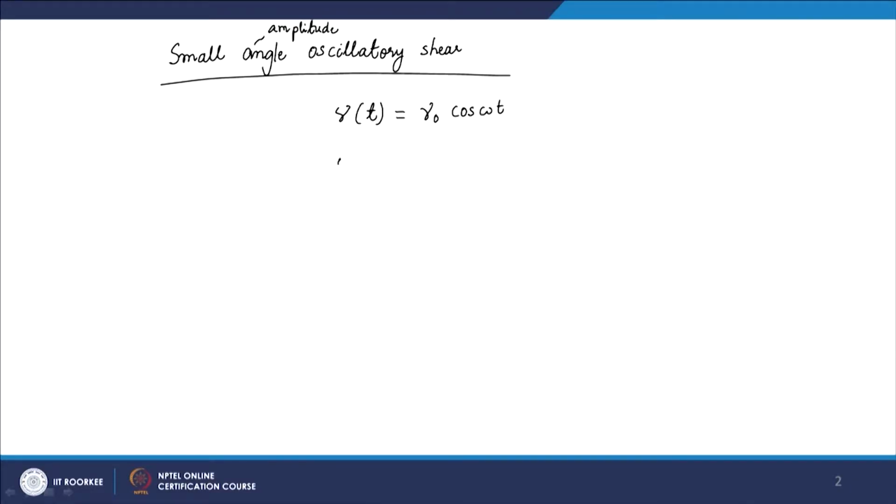Then in that case the gamma dot will be minus gamma naught omega sin omega t, and both of them are out of phase by 90 degrees. So, therefore, we can look at both the change with gamma and gamma dot as two phases of the wave.